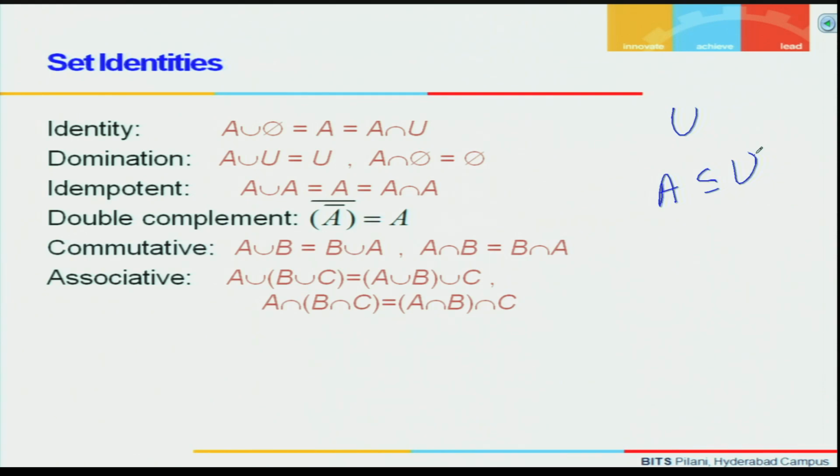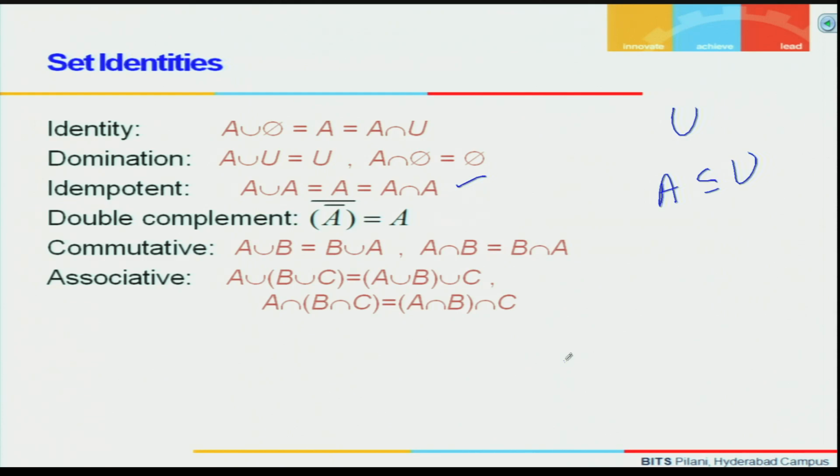With reference to some context, we define the universe of discourse, and all the sets are subsets of this universe of discourse. And A union U is U, and A intersection the empty set is the empty set. Now the idempotent law is this: A intersection A is A, and A union A is A.